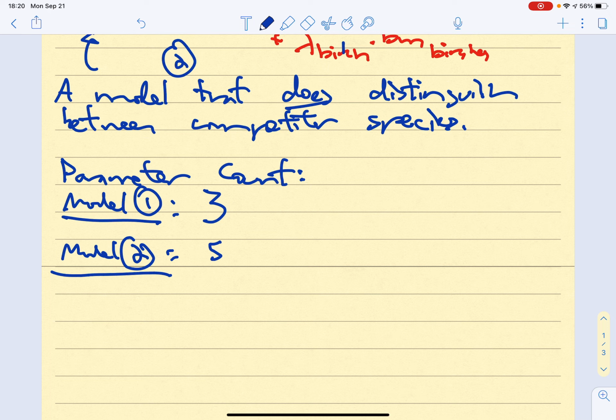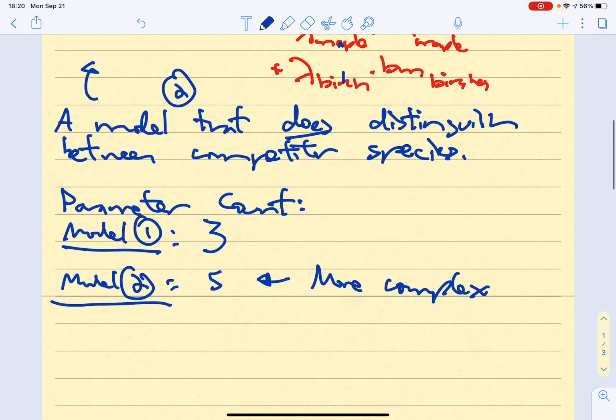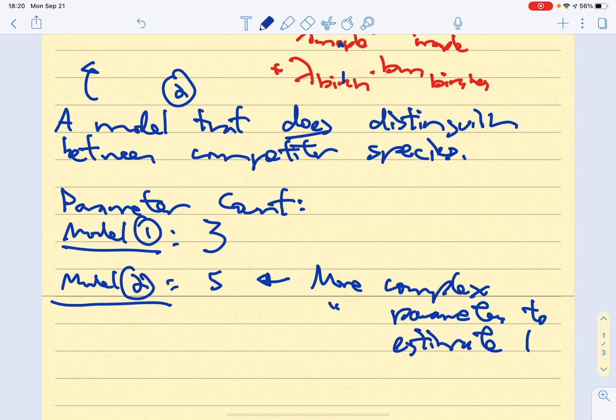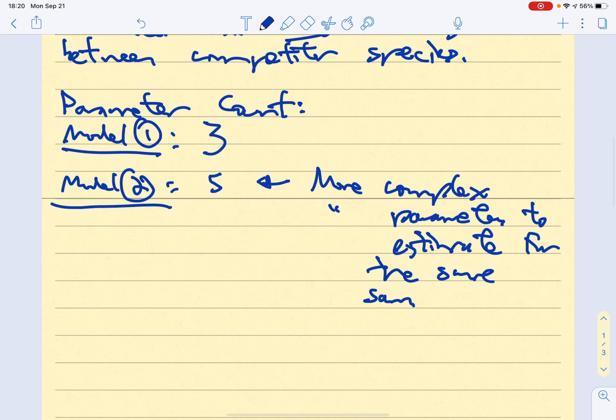Because model 2 has 5 parameters and many more terms, this is a more complex model, meaning there are more parameters to estimate for the same sample size. Because you have more parameters to estimate with the same sample trees, your estimates are not going to be good.